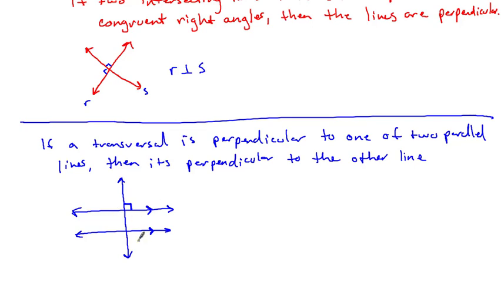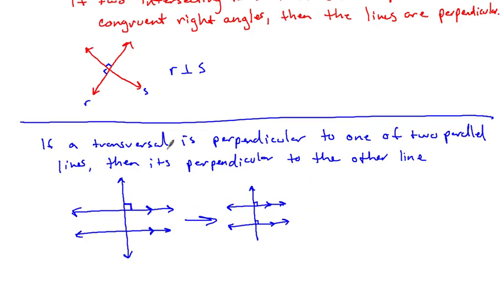So when we have two parallel lines and another line is perpendicular to one of them, hopefully it makes sense to you that it's going to be perpendicular to both of the lines, right? So when you see it perpendicular to one, that implies that it's perpendicular to both.